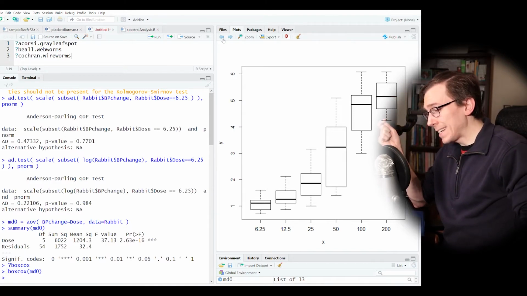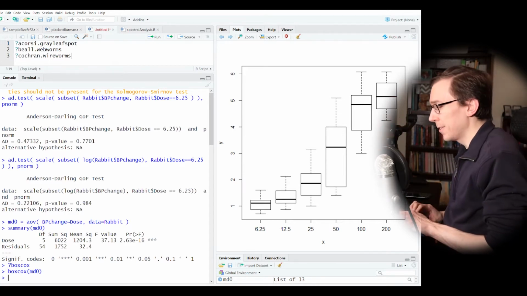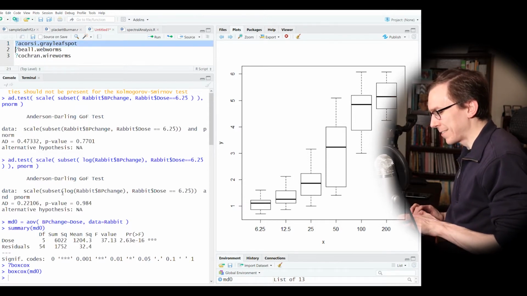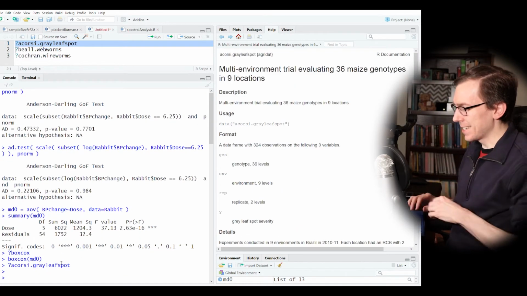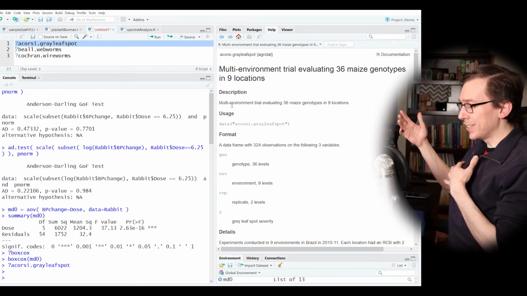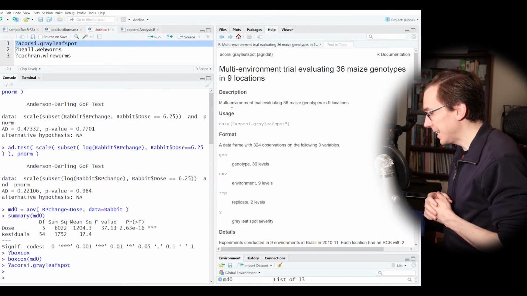But there will be times when the data sets you encounter are obviously not normal. The first one I want to look at today is the Accorsi gray leaf spot data set, which you can find in the agridat package. What's this data set? It is a multi-environment trial evaluating 36 maize genotypes in 9 locations.